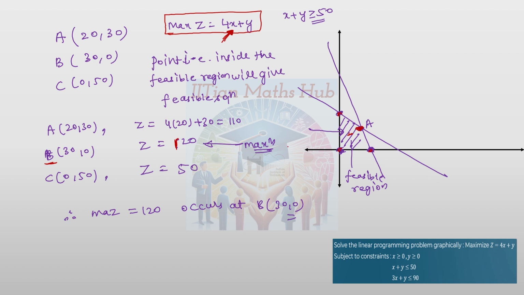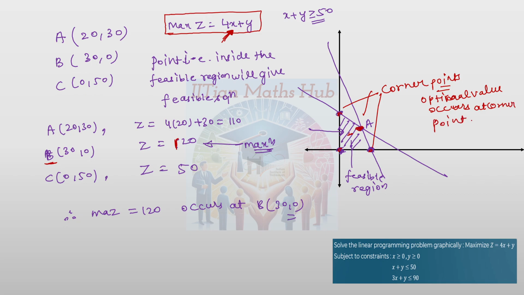All right, so these points are called corner points. The optimal value occurs at the corner point. If the optimal value occurs at a corner point, then this will be called the corner point method.